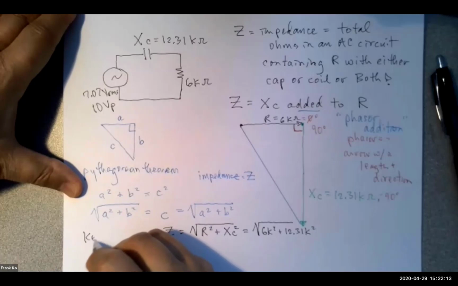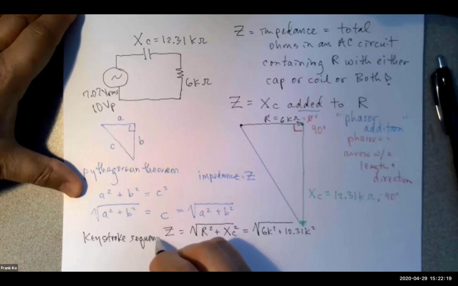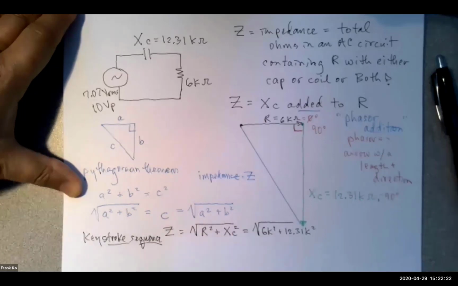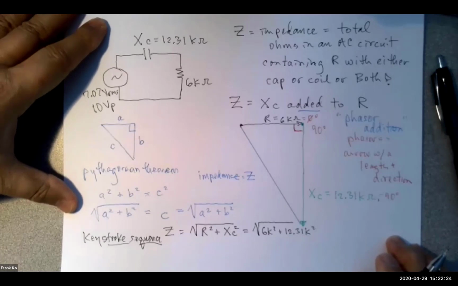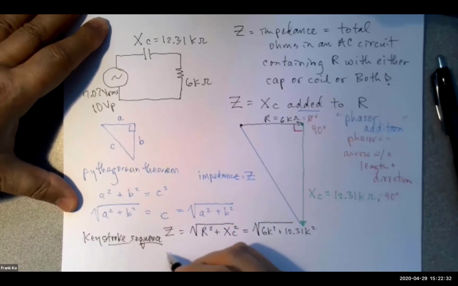Let's try this out. Keystroke sequence. So for some of you, it would be a square root at the end. For some of you, it would be square root at the beginning. It depends on your calculator. I'm going to use this.